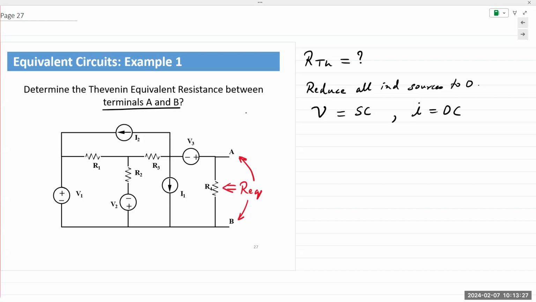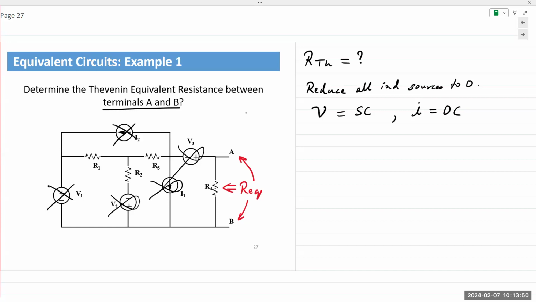Remember, this is just to find the Thevenin resistance, okay? In order to find the resistance, we have to remove all the sources from the circuit and redraw that circuit. Because every voltage source replaced with a short, every current source replaced with an open is going to change our circuit diagram.